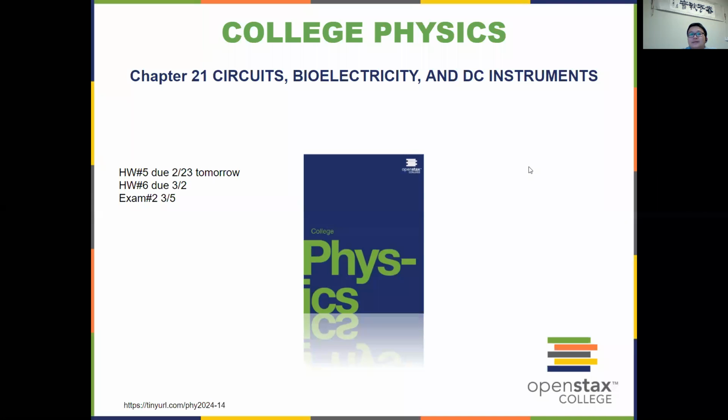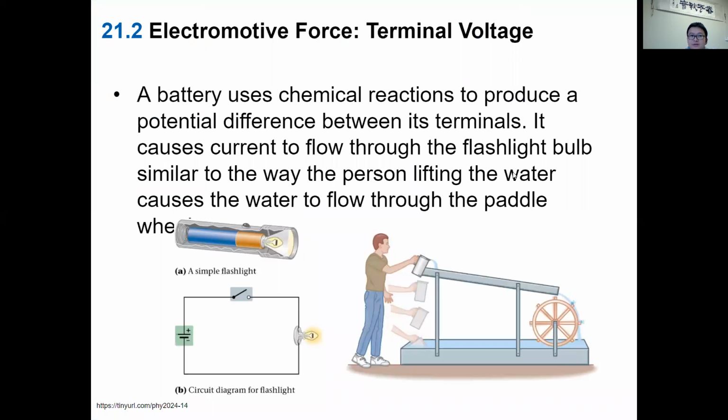Today we are going to cover chapter 21, mainly on circuits. The first thing I want to talk about in this chapter is section 2, on the electromotive force, or terminal voltage.